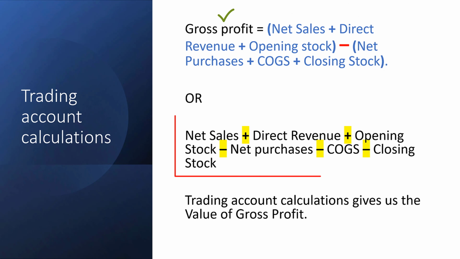Okay, net sales plus direct revenue plus opening stock minus net purchases minus cost of goods sold minus closing stock and it will give us the value of the gross profit, right? So if you observe carefully, trading account is helping the manufacturing firms come up with the gross profit for the product itself that is being manufactured.